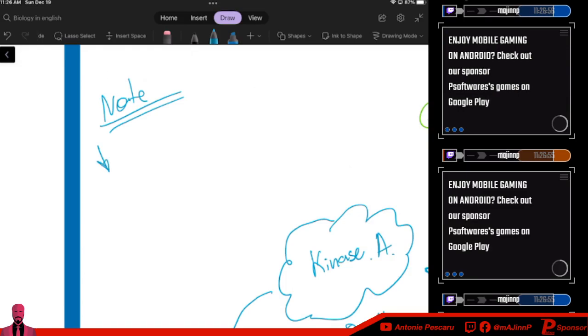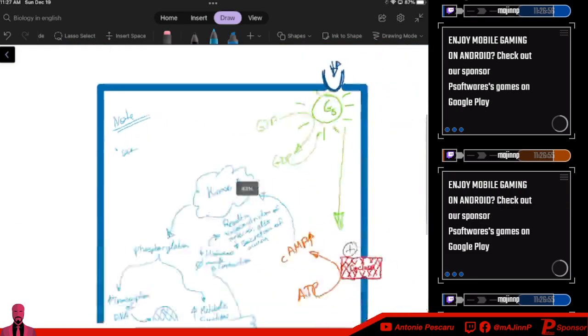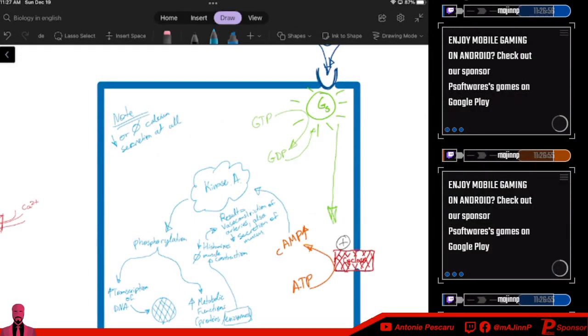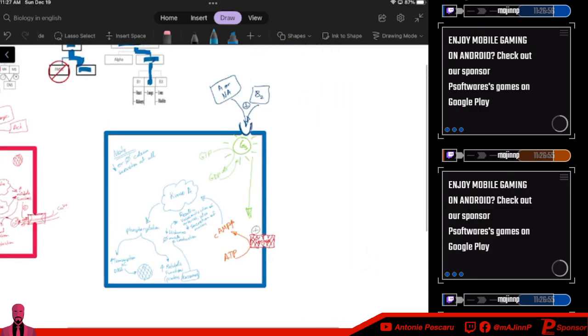So no calcium secretion at all. So, if there's no calcium secretion at all, we can also proudly say that less calcium secretion also equals less constriction of the muscles. That's wonderful, right? And that's what we want for our patient.